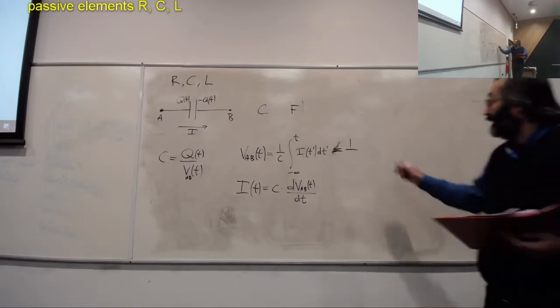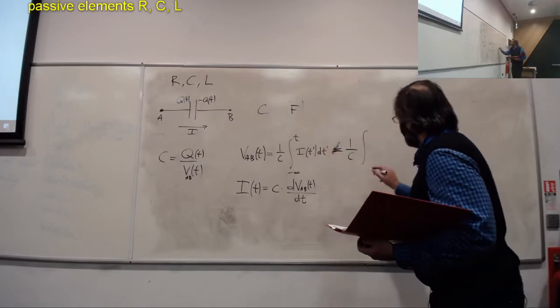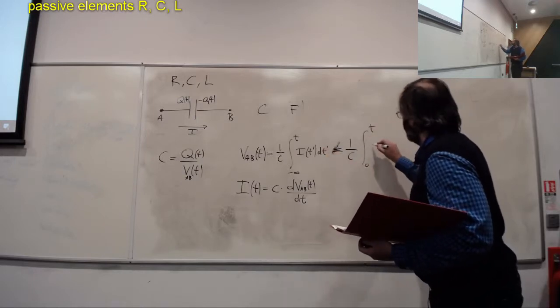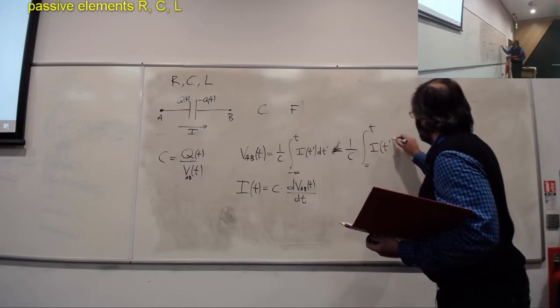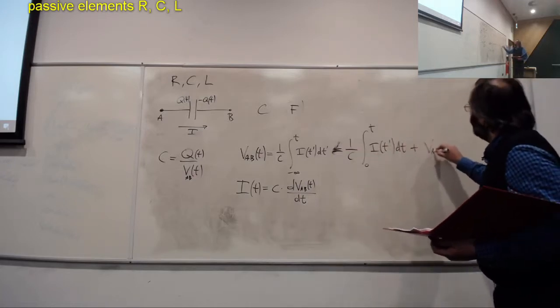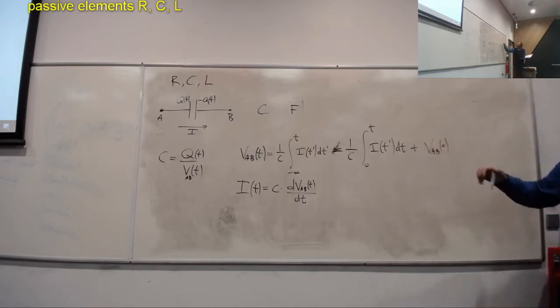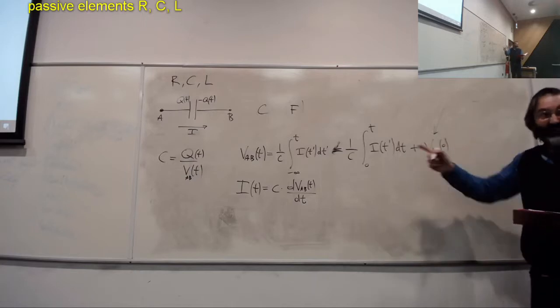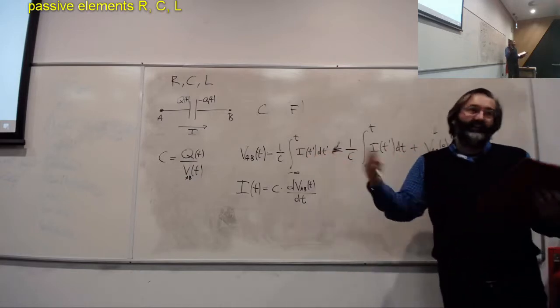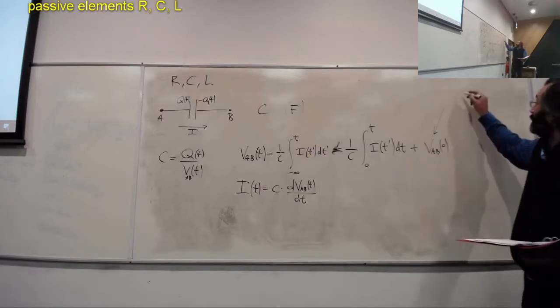And so I can do this by writing this relation in this way, plus VAB at time 0, a constant that takes this into account. Effectively, I'm splitting the integral in two parts, where this second term is the result of this integral.